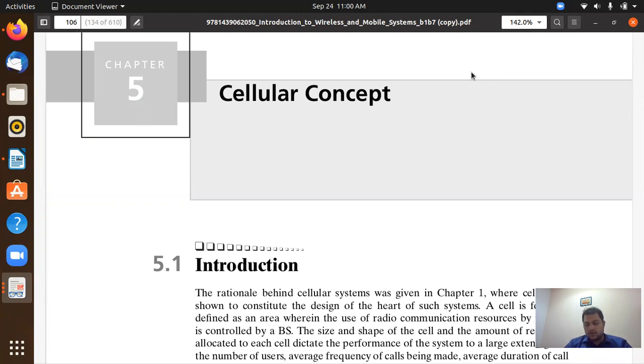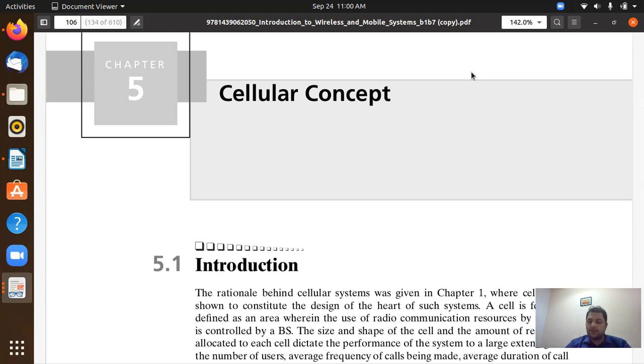wherein the service region is divided into different cells, and those cells are governed or managed by the base station. The base station is responsible for controlling and allocating the resources to mobile stations.